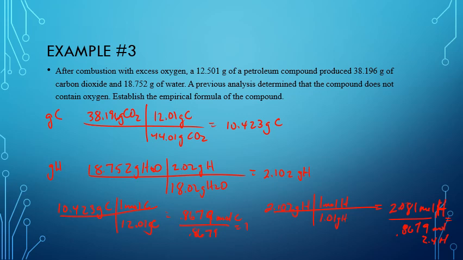So to make this correct, again, 1 carbon, 2.4. With that 2.4, I want to multiply each of these by 5. So that would give me C5 and then H12 for my final answer.